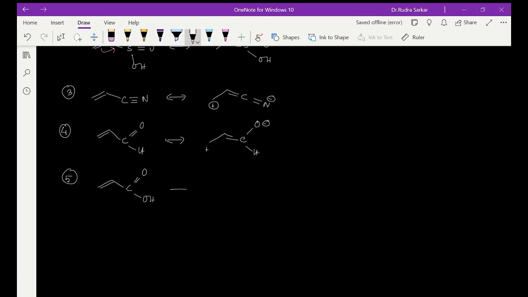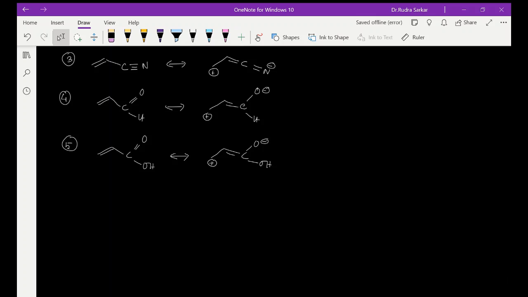So I hope now it is clear to everybody that whenever you have a group that itself has a pi bond within it, it can pull the electron density towards itself. And one more thing is that the direction of pulling is towards the most electronegative atom, right? So this can be thought of.